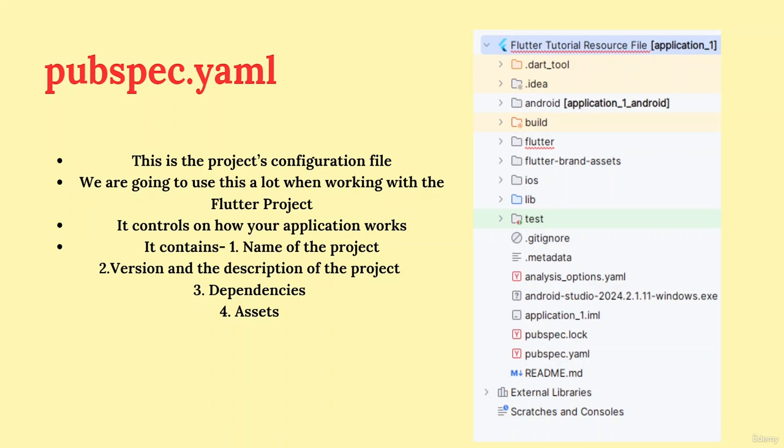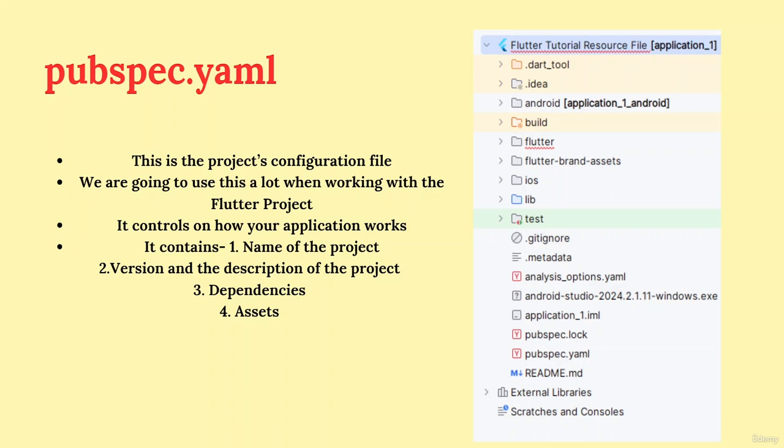This is also a very important file that we are going to work with, because it basically contains the project configuration, like what is the configuration of the project that we are working on.